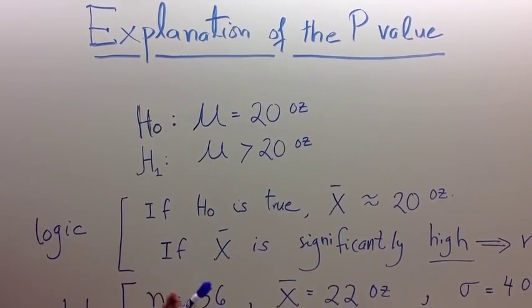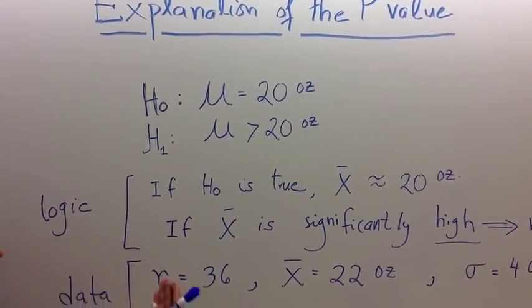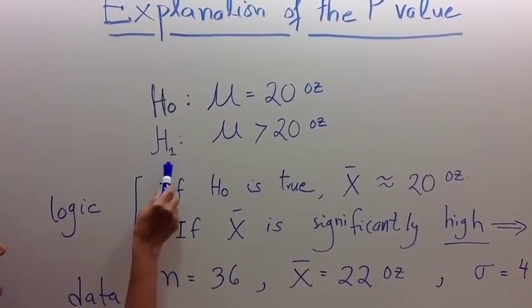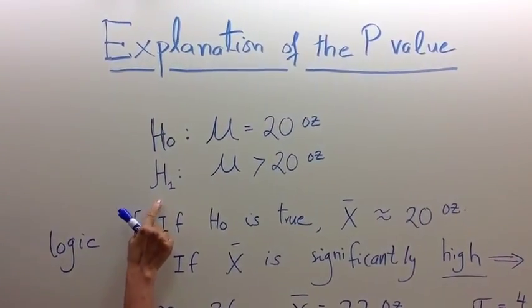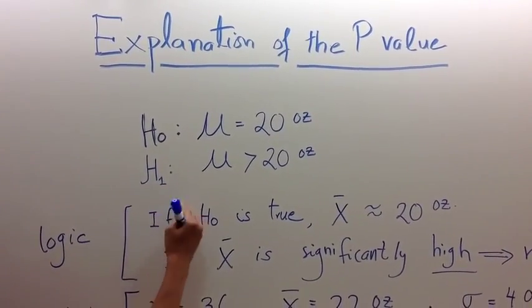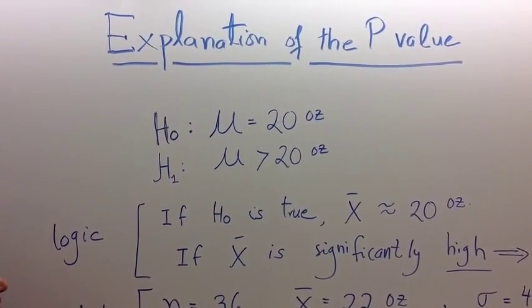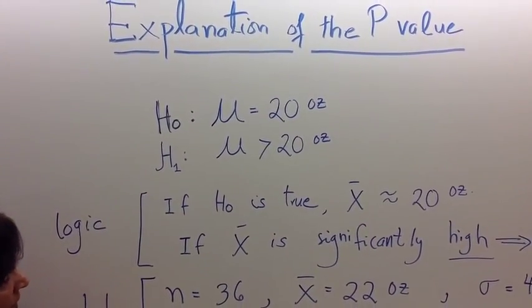Perhaps a company manufactures a product and it is believed that the mean weight of a product is 20 ounces. Another statement, which is called the alternative hypothesis and denoted by H1, is that perhaps the company believes that the mean has changed and it is now more than 20 ounces.